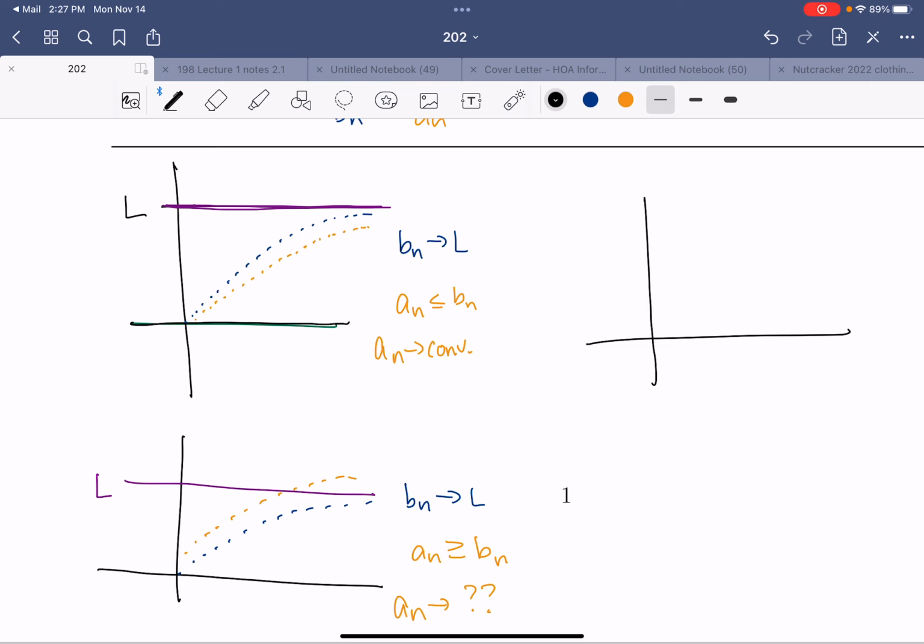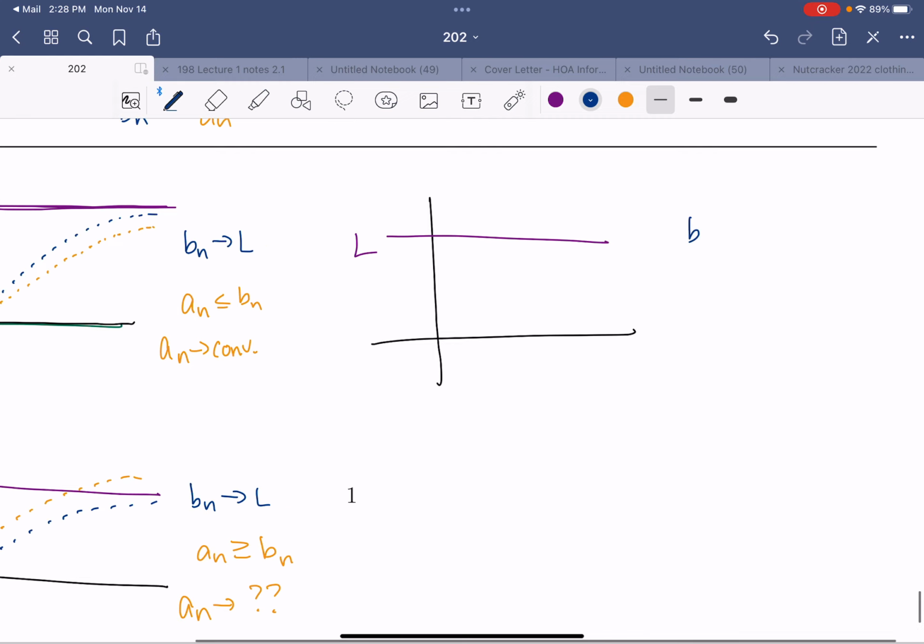Third case, what happens if we have the same setup, only this time BN diverges. So let's let BN diverge. And that means it's going off to infinity. So BN goes to infinity.